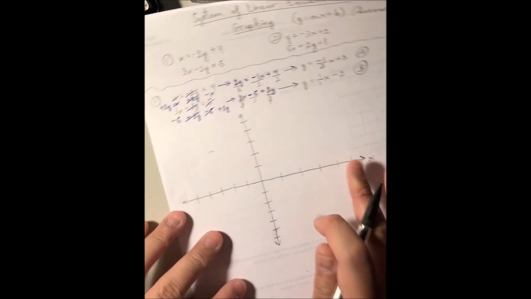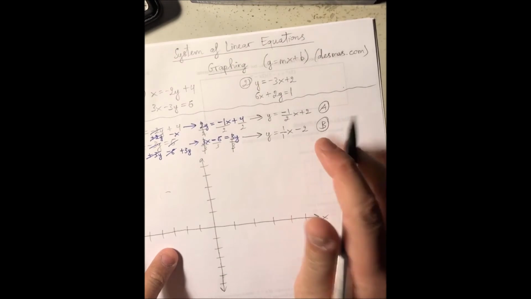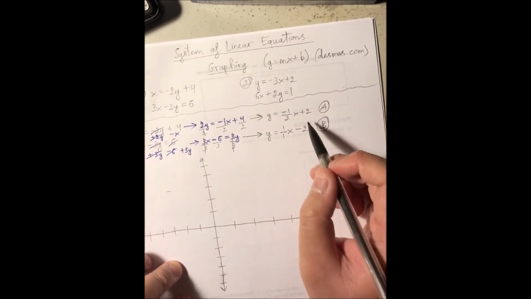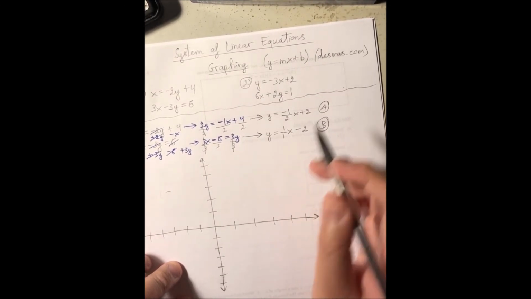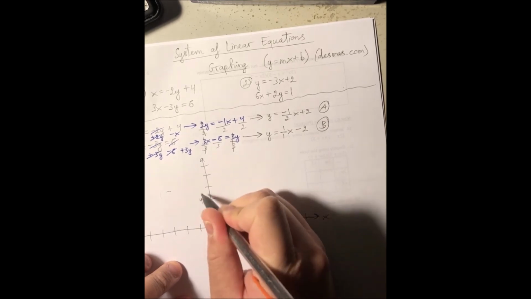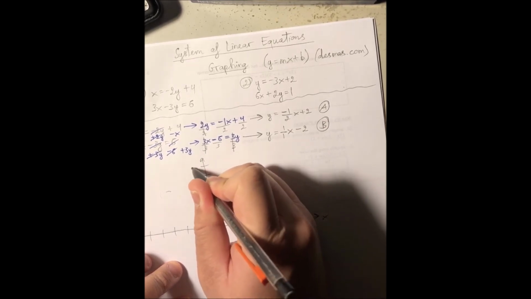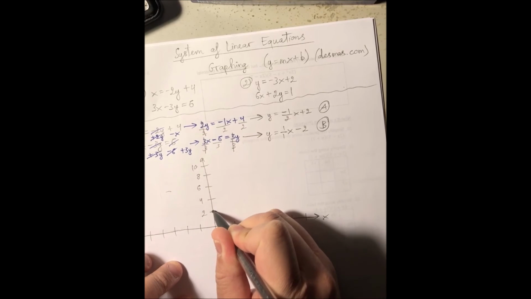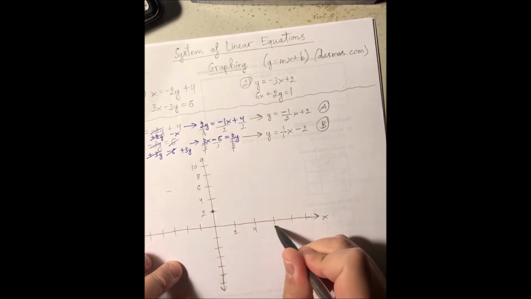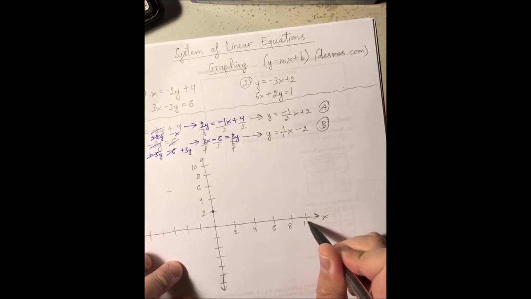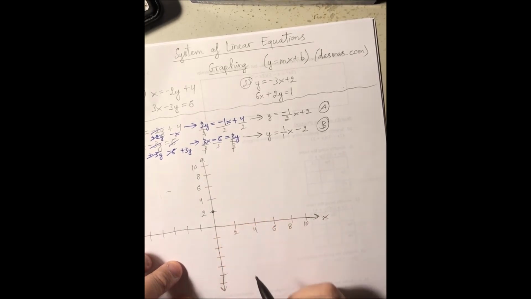Okay, so for the first equation, let's graph A. My y-intercept is +2, so +2 is here.